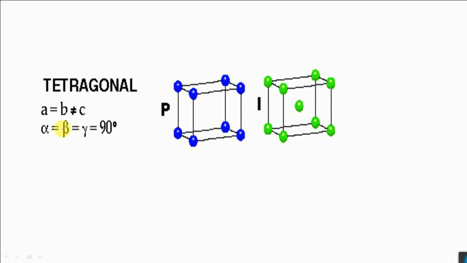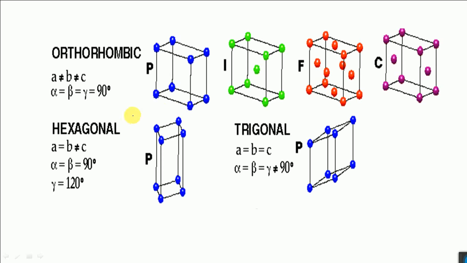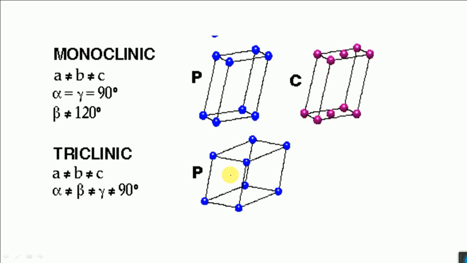In tetragonal, only two sides are equal and all the angles are 90. In orthorhombic, none of the sides are equal but all the angles are 90. In hexagonal, two sides are equal, two angles are 90, and the third angle is 120. In trigonal, all three sides are equal, but none of the angles is 90 degrees.